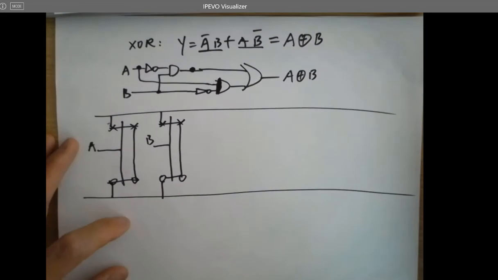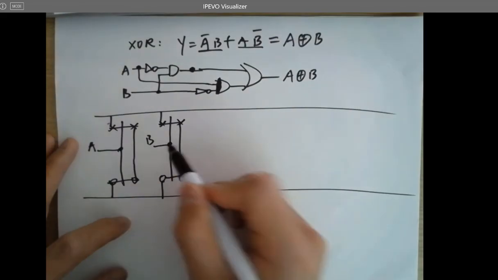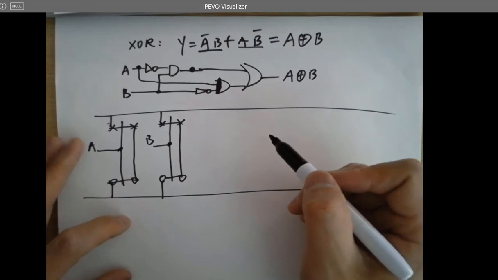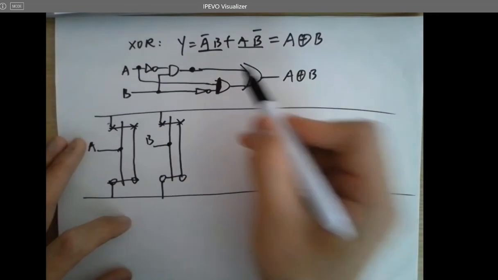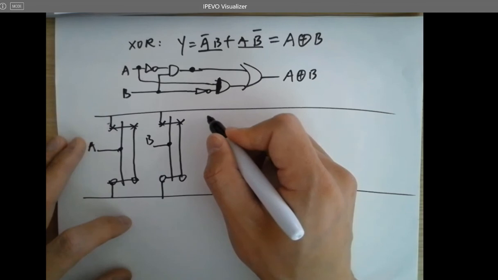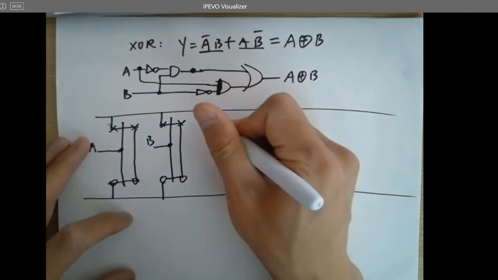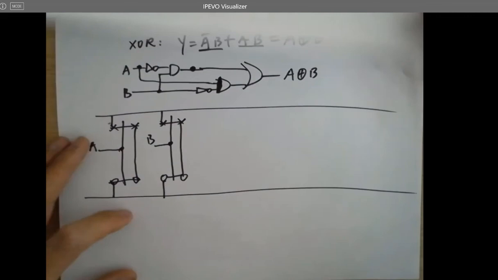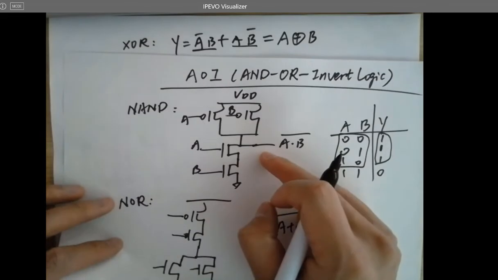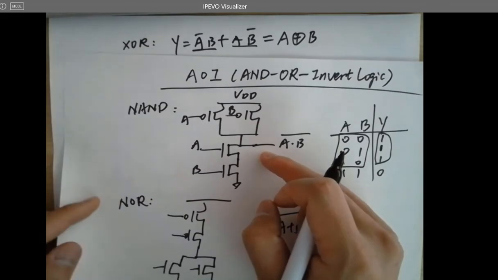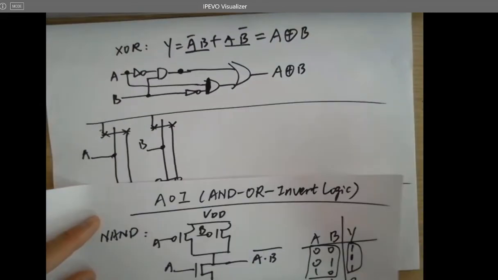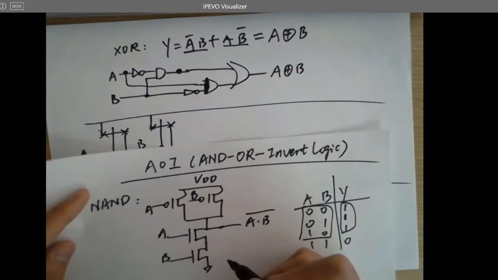Right? So you have an A, you have a B getting inverted, and you need an AND gate. You need a NAND gate and inverted, right? So draw the NAND gate first.